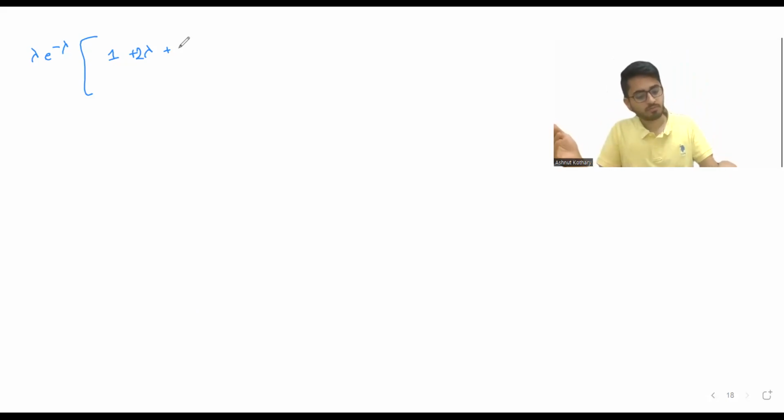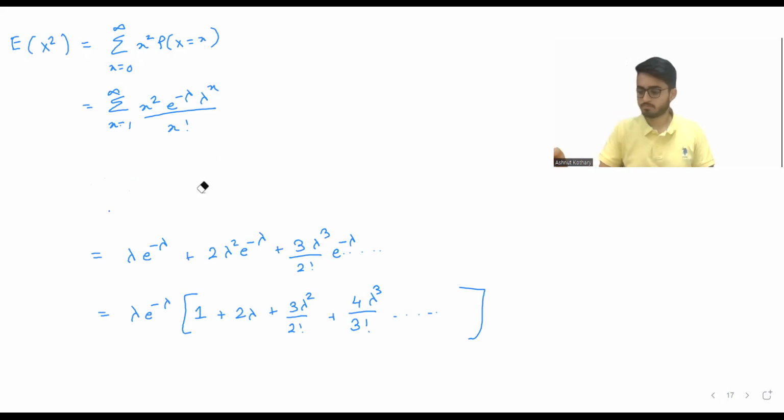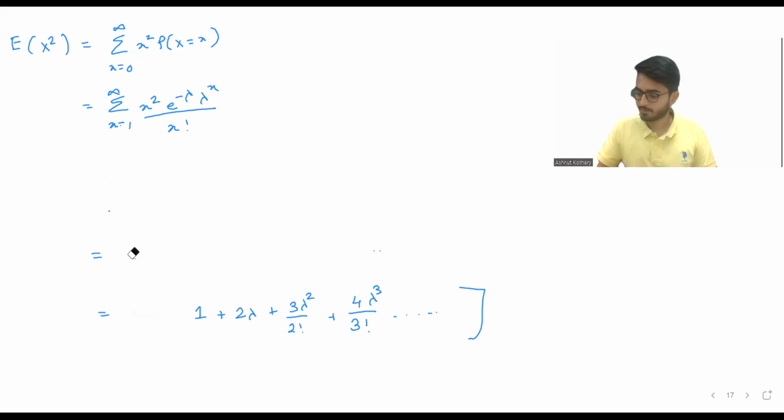I have split it down there itself, x square by x factorial. Wait, this might be a bit difficult to identify. Let me do it in this form. That won't help. I'm doing something else.